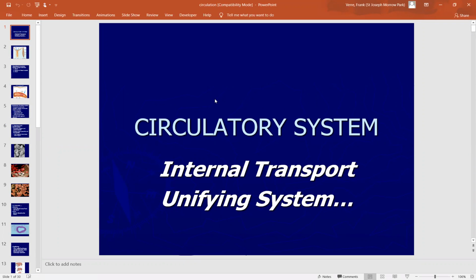I wrote that this is a unifying system because, if you remember, from the point of view of the organism needing oxygen and nutrients, with oxygen coming in from the respiratory system and nutrients coming in from the digestive system, the circulatory system is what moves it around.